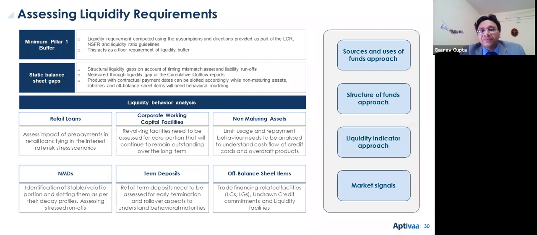Similarly, corporate working capital facilities need to be assessed in terms of how much portion is core and how much is volatile. So again, this will shift some of the liquidity from the near term bucket to the farther term bucket. And off balance sheet items like letters of credit, bank guarantees or undrawn commitments which we have given to our customers can be withdrawn at any point of time, because this is a commitment which the bank has given.